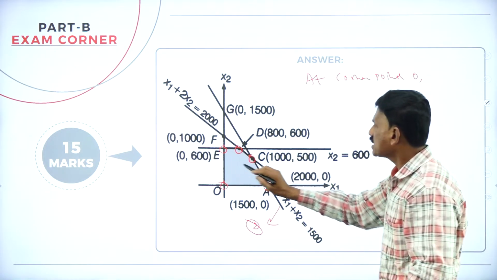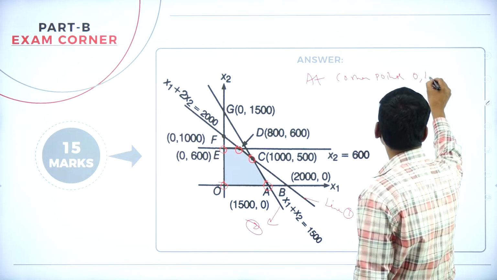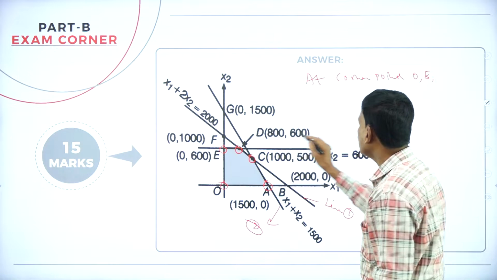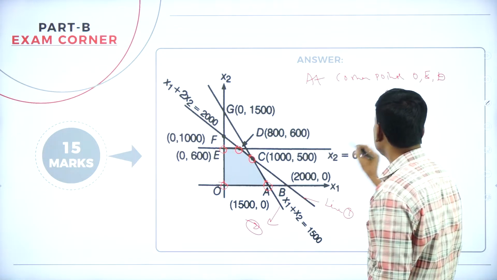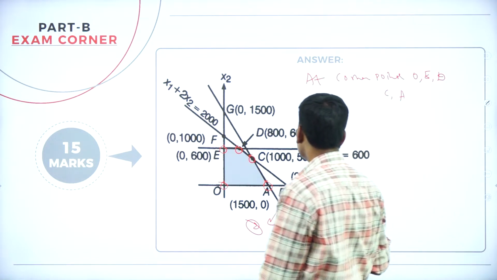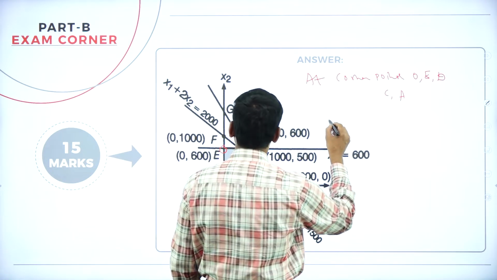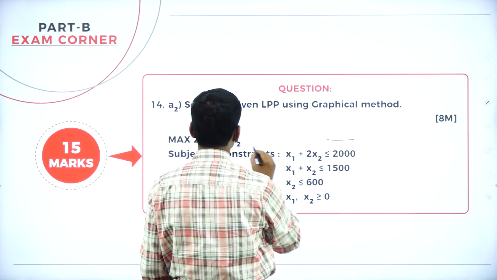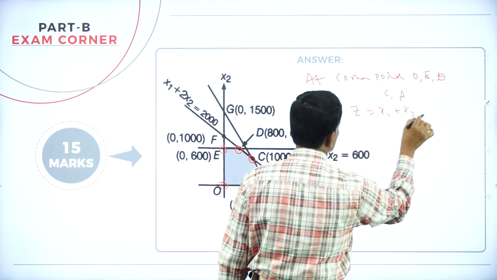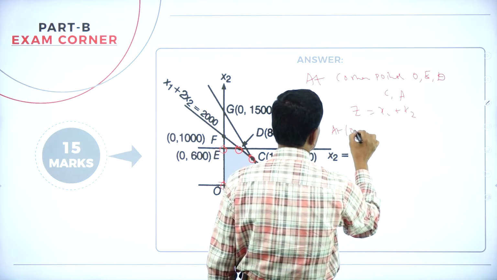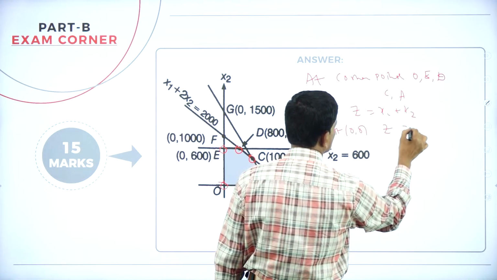Now at the corner points O, E, D, then C and A, write down the values. At O, what is the objective function? Here it is max z, z is equal to x1 plus x2. Now at 0 comma 0, z is equal to 0.